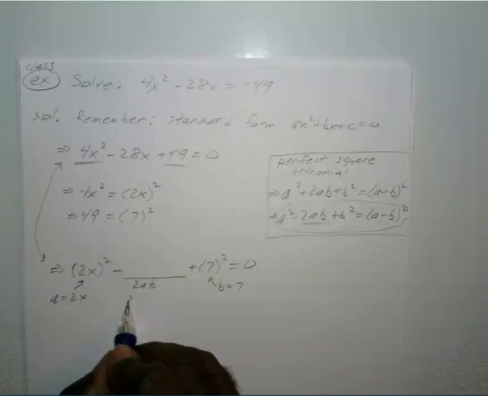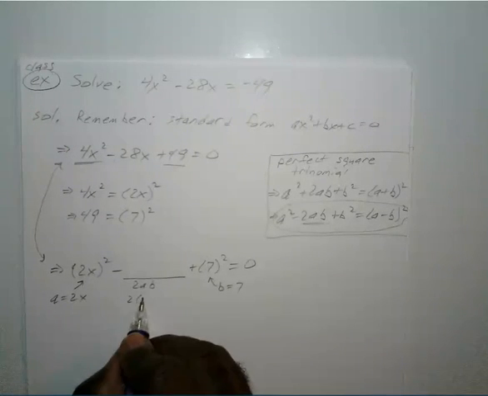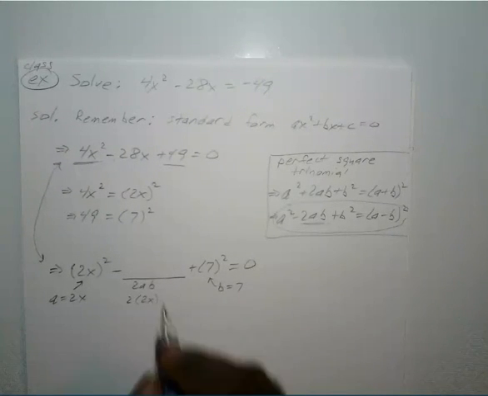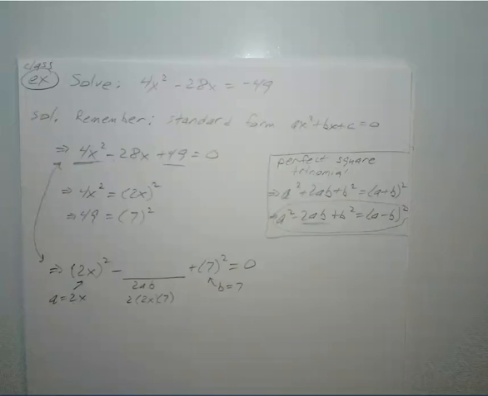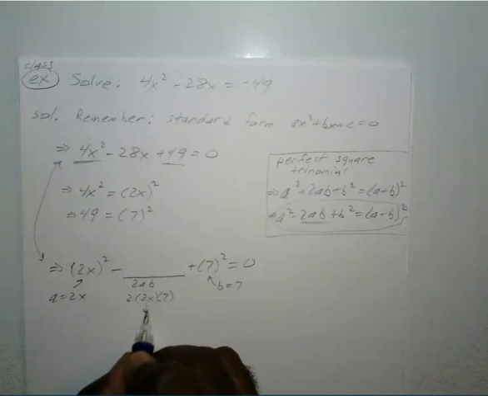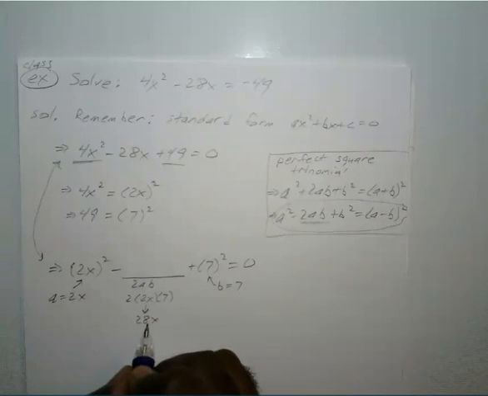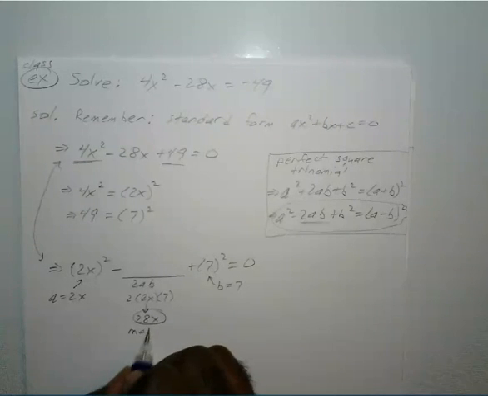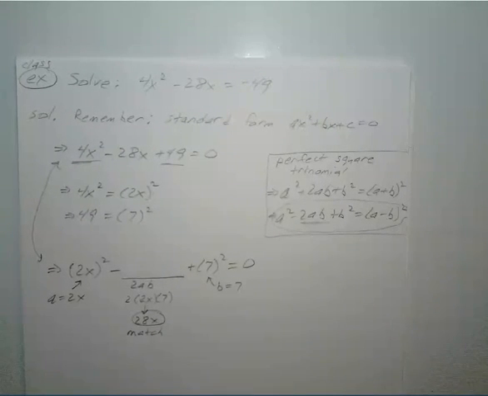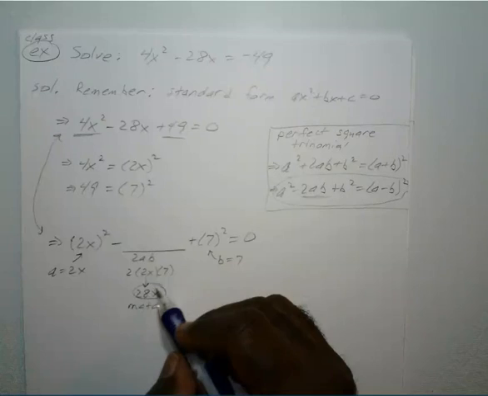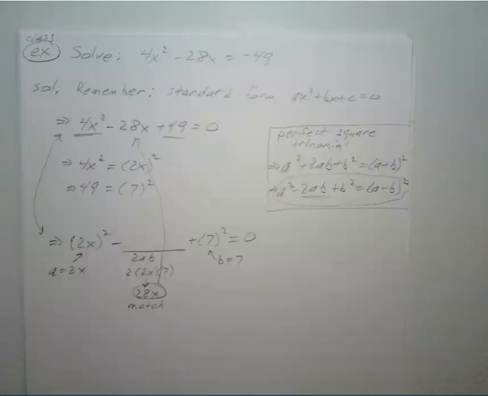Okay, so we have 2 times a, which is 2x, times b, which is 7. 2 times 2 is 4. 4 times 7 is 28. 28x, so we have our 28x. Okay, so it matches. So that 28x matches that 28x.